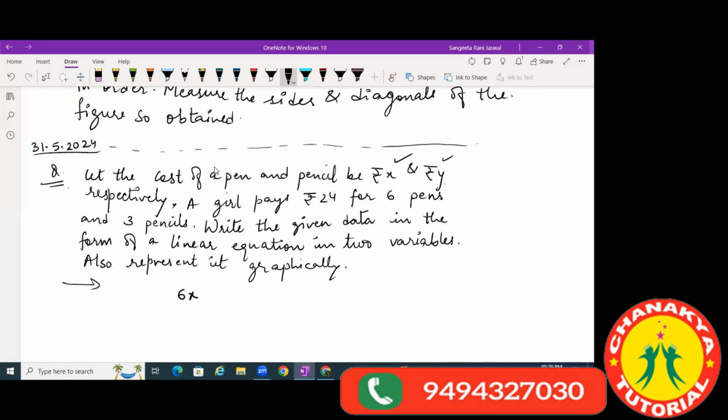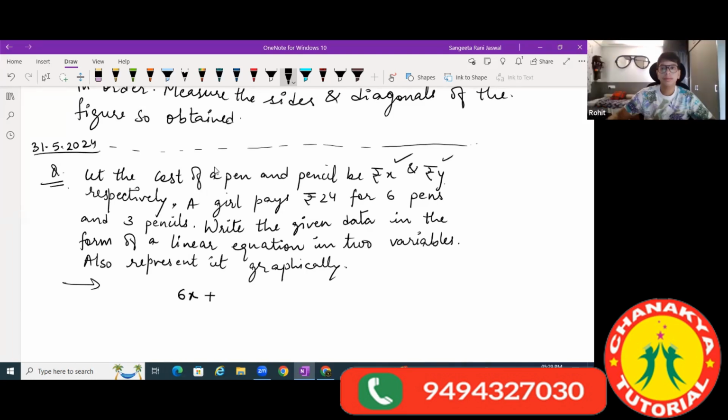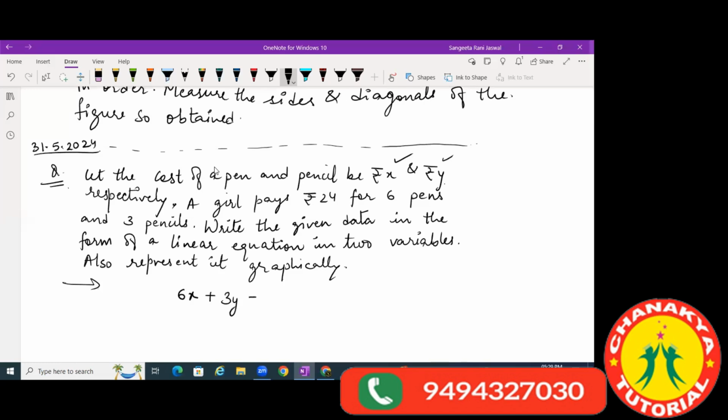I'm just teaching you how to form a linear equation. The girl pays 24 for 6 pens and 3 pencils. 3 pencils are Y, so that will be 3Y. So 6X plus 3Y equals 24. This is your linear equation now.